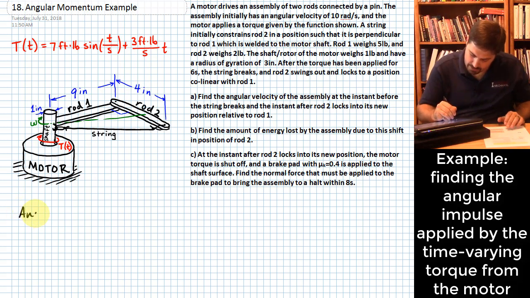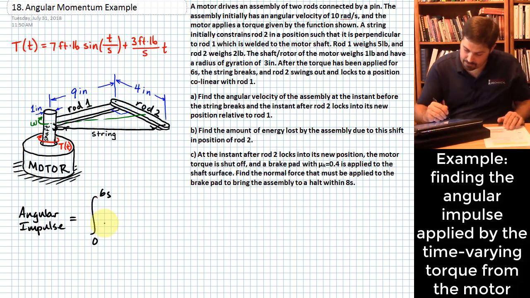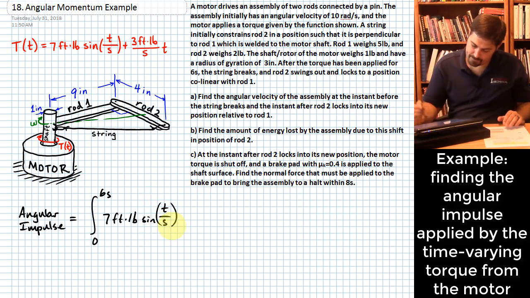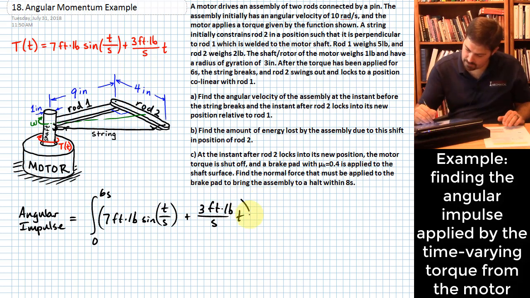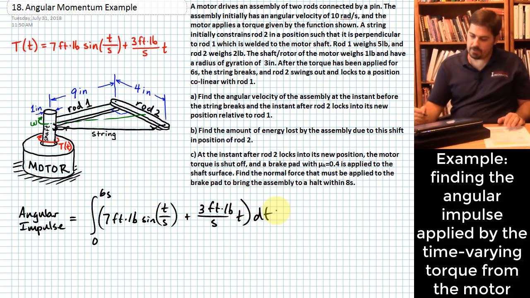Angular impulse is going to be equal to the integral from 0 to 6 seconds of 7 foot-pounds sine of t over seconds, plus 3 foot-pounds per second times t, dt.